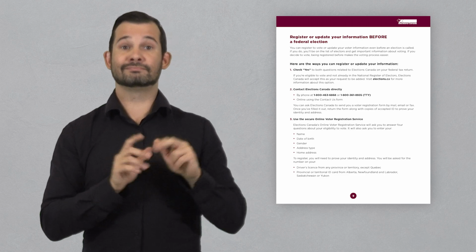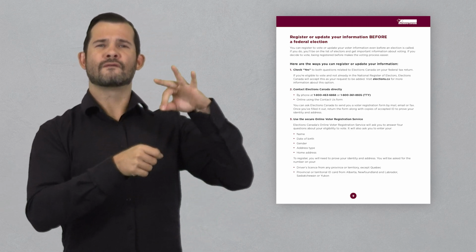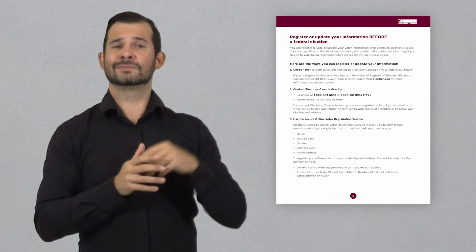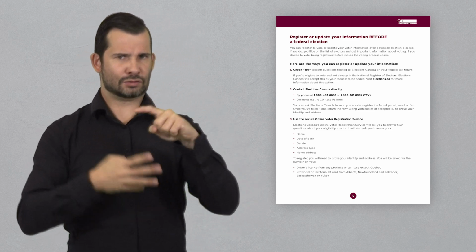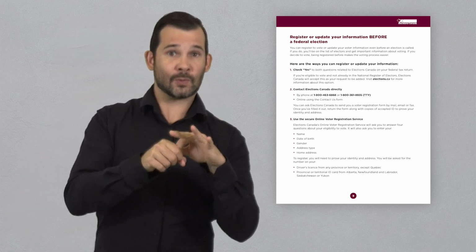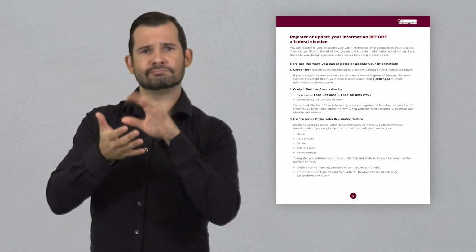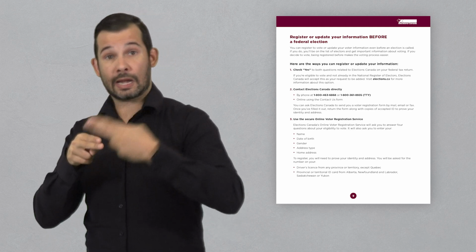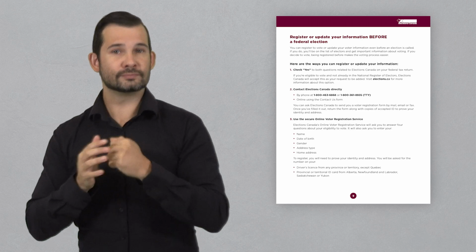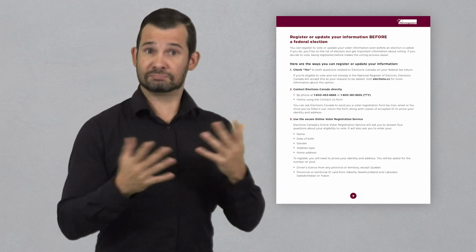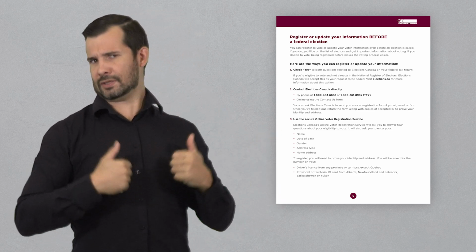3. Use the secure online voter registration service. Elections Canada's online voter registration service will ask you to answer 4 questions about your eligibility to vote. It will also ask you to enter your name, date of birth, gender, address type, home address.